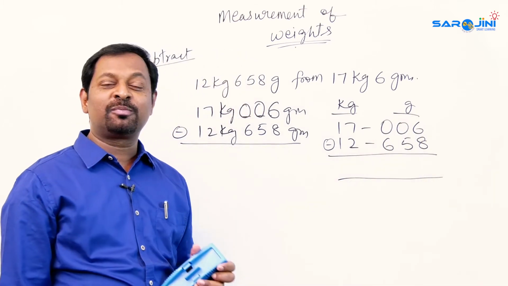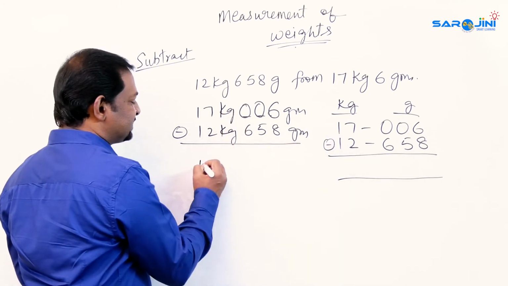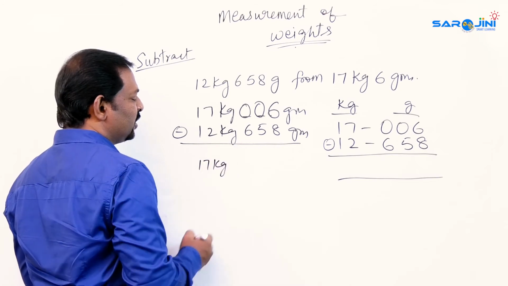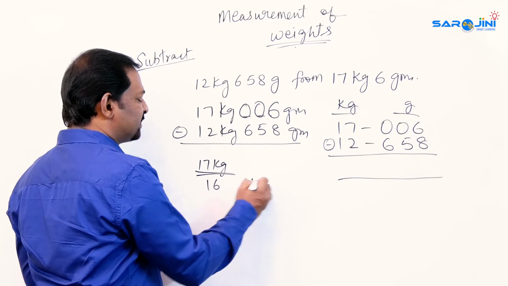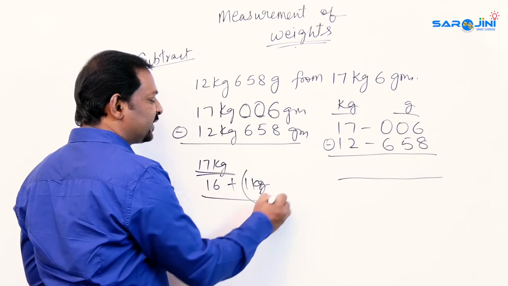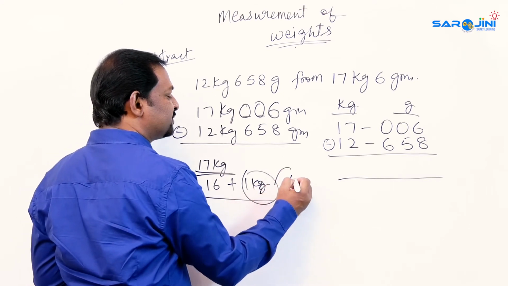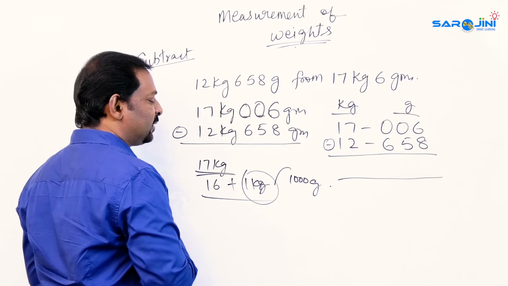So what are you going to borrow? That is very, very important. Now here already 17 kg is there. So if I take out 1 kg, this will become 16 kgs plus 1 kg, that is 17 kg. This 1 kg again you convert into grams, that is 1000 grams, isn't it? So what will happen? I'll show you.